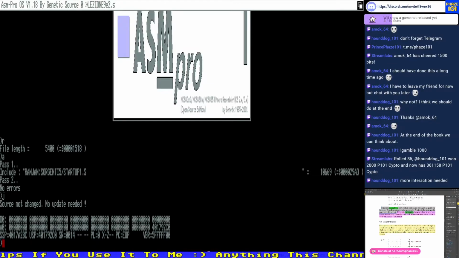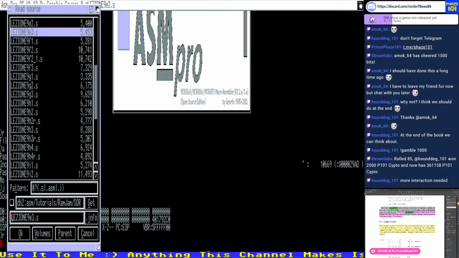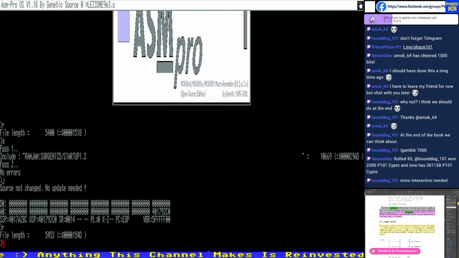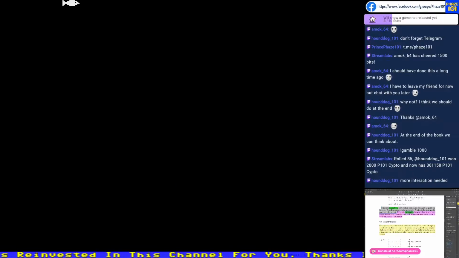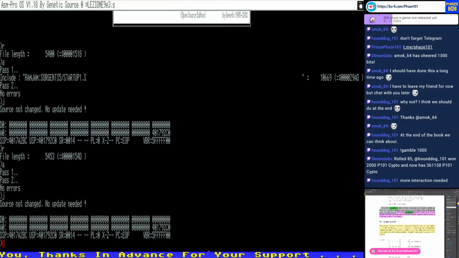In 9E3, this time the fish is more intelligent and it's able to scroll from left to right using the blitter. This scroll is not a hardware scroll, but a blitter scroll.